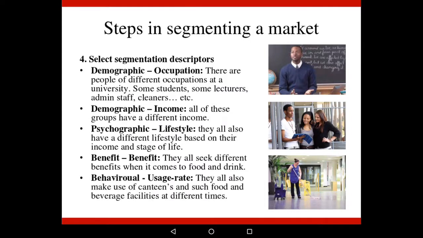And then lastly, usage rate. They will make use of the canteen at different times and different usage rate levels. So as you can see, we already have 5 different segmentation descriptors that we could use to divide the market. But which one are we going to use first, second and third? Well, that's important. Okay, so let's look.